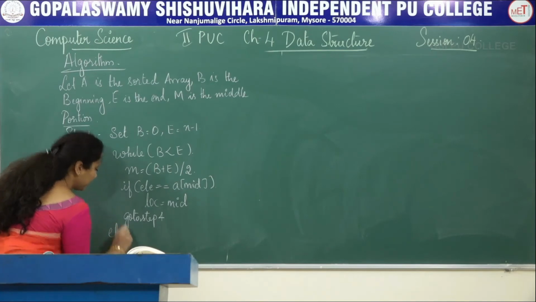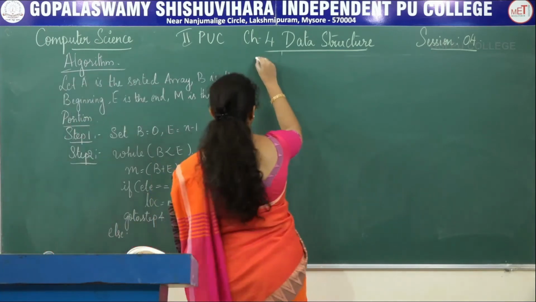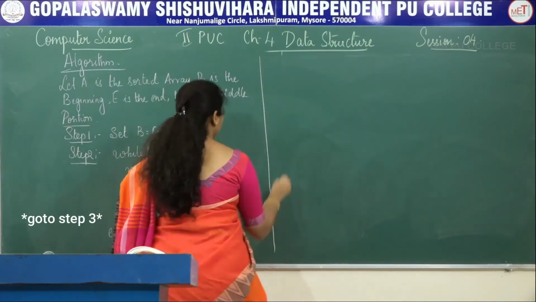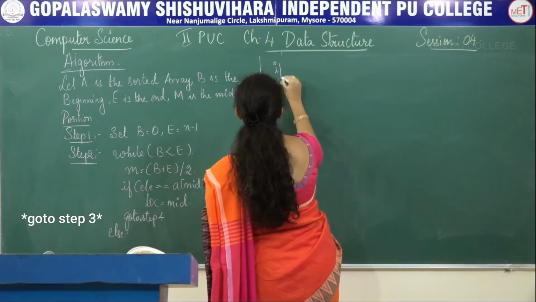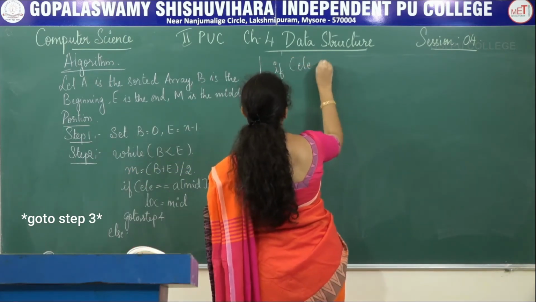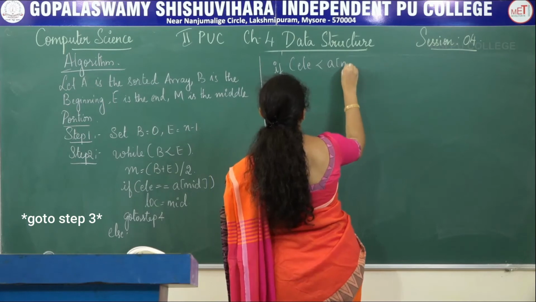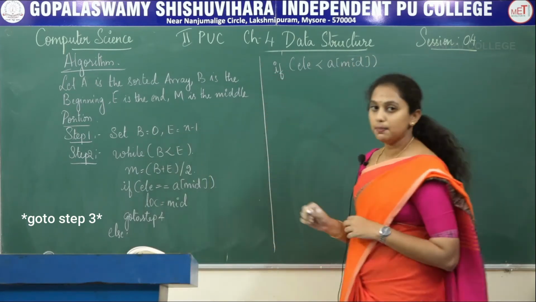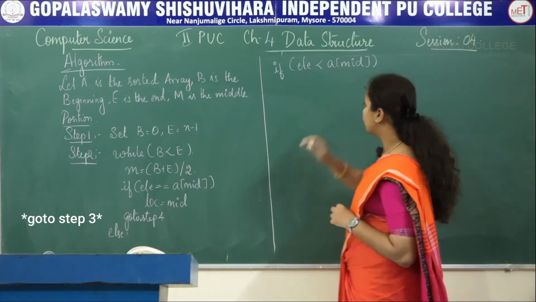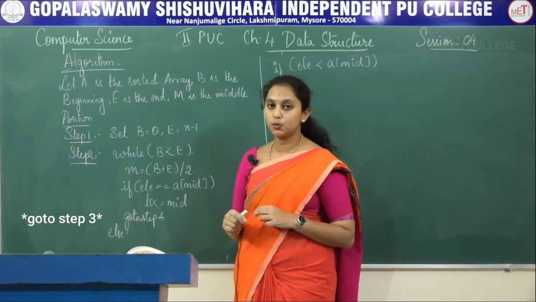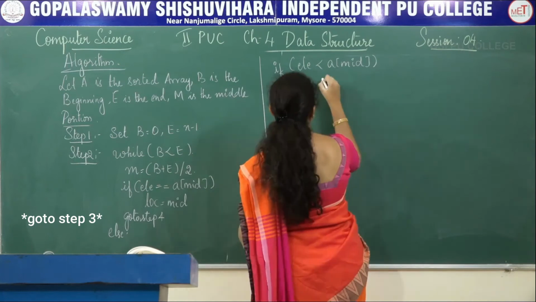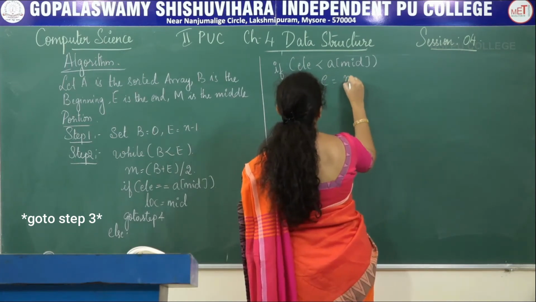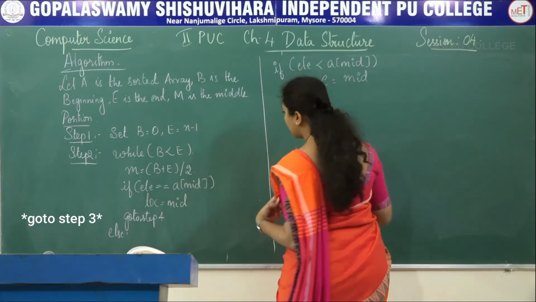Else if element is less than A of mid, what do we have to do? End is equal to mid minus 1.